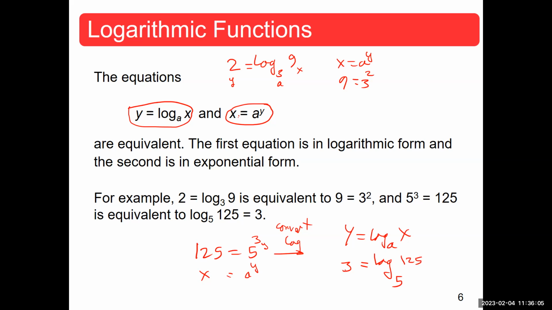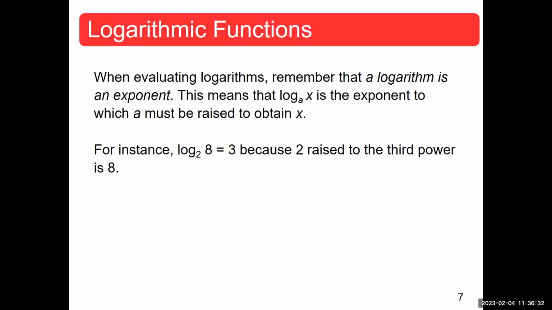So that means 3 equal logarithm base 5 of the number 125. That's in logarithmic form. So it's easy to convert between those two shapes by understanding. Always keep in mind you have this formula in your formula sheet, and you just look at it and figure out how to go from this to this or from that to that.